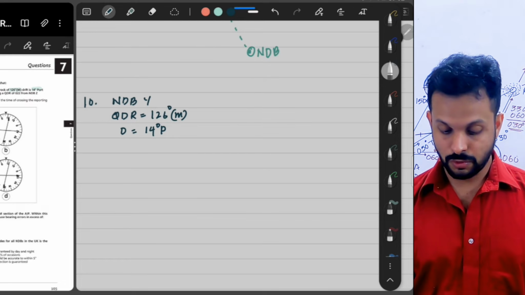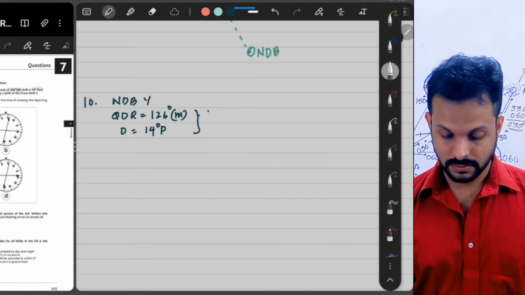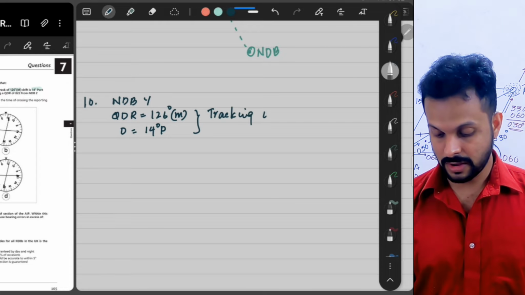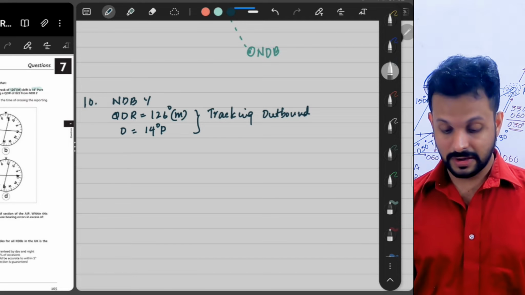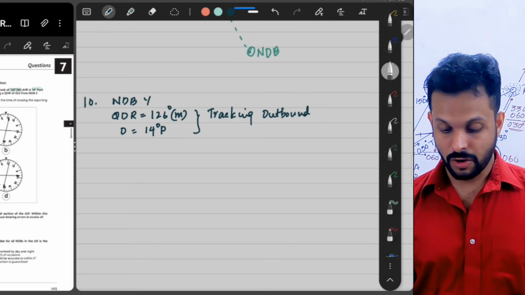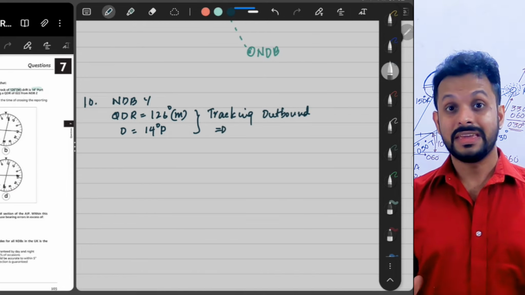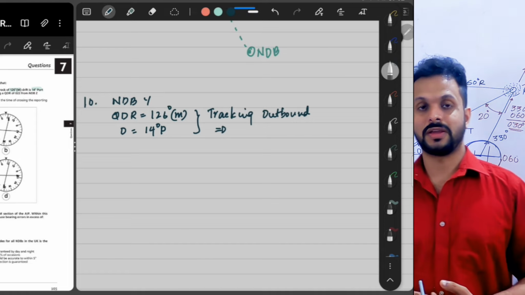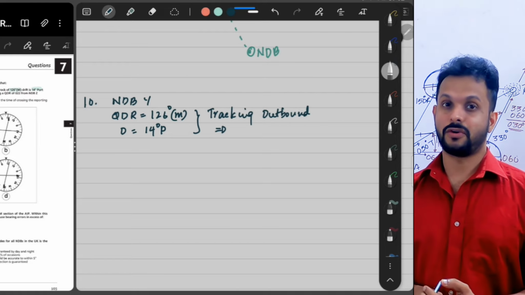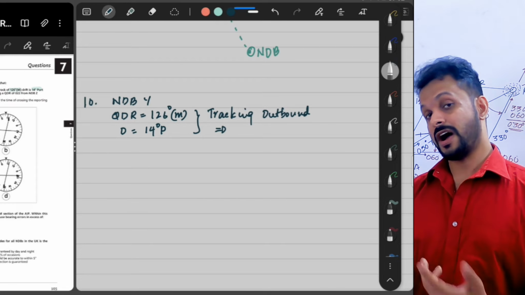So we know that when you track outbound with 14 degree port drift, your RBI is possibly going to read 180 minus 14 degrees. That's going to be your RBI indication.